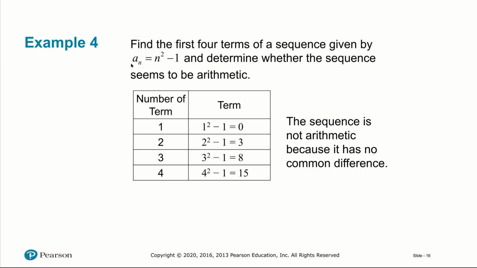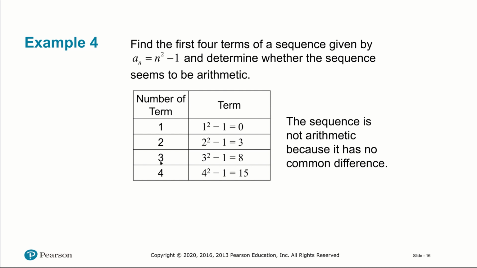Here we have another sequence that's defined using this particular equation, an equals n squared minus 1. Notice that if we run through the values of n, the first term is going to be 1 squared minus 1, which is 0. For the second term, we plug in 2 for n, so we get 2 squared minus 1, which is 3.